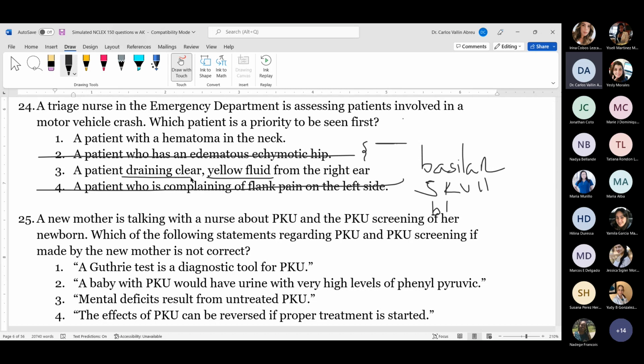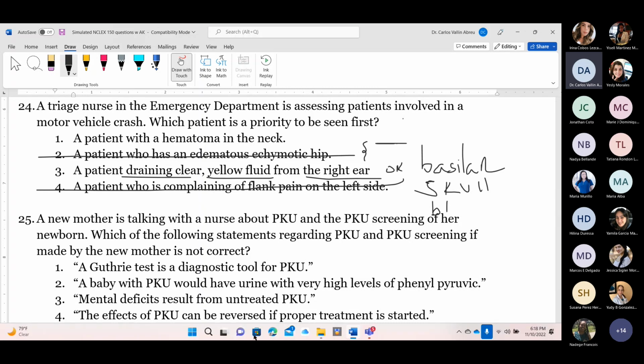It's a clear, yellowish fluid that should not be draining from the ear. And because these are polytraumatized clients, we have the responsibility of ruling out that this could be cerebrospinal fluid. And this happens when there is a basilar skull fracture, okay?